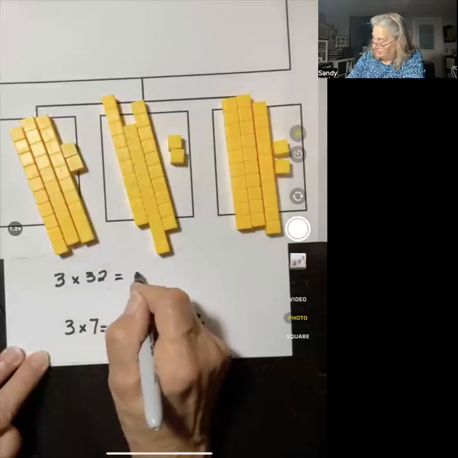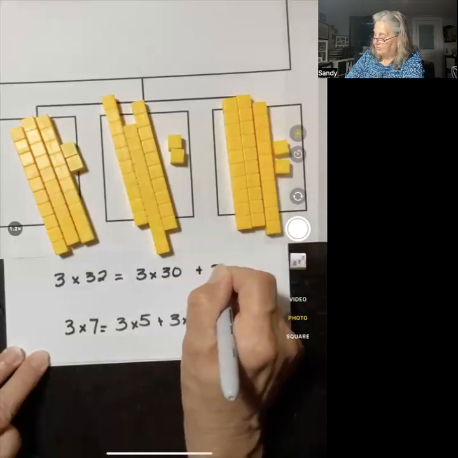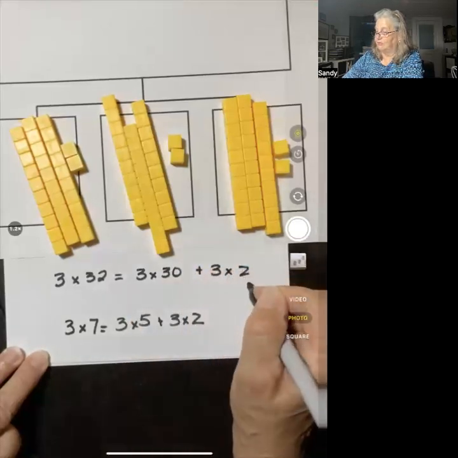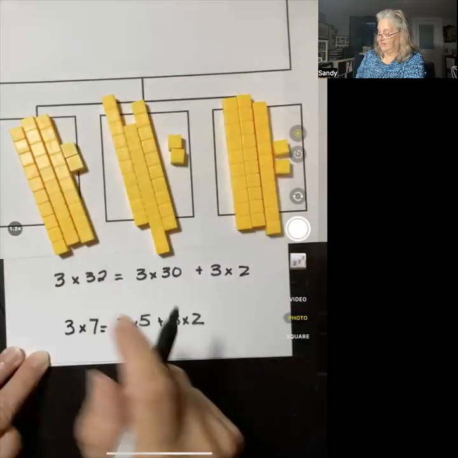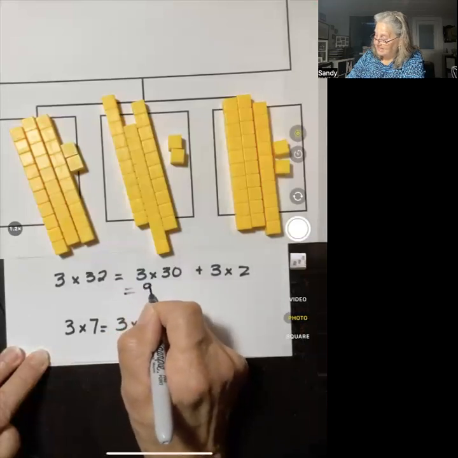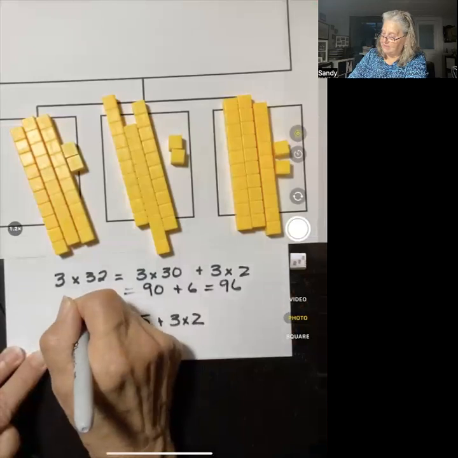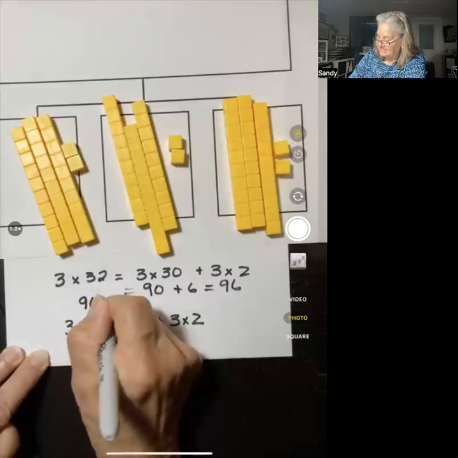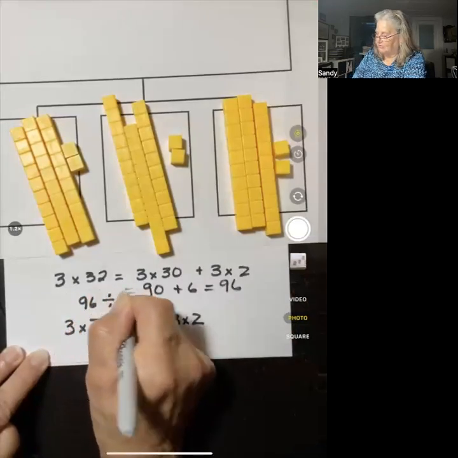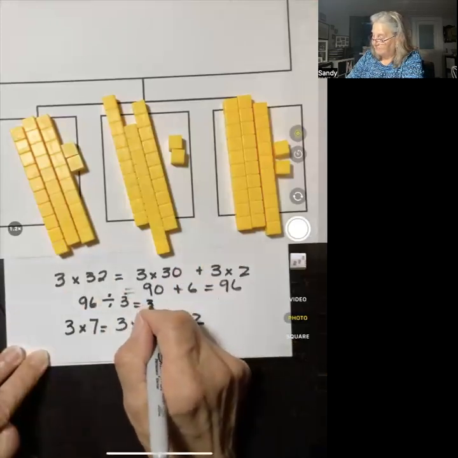What did I end up with? 3 groups of 30 put together with 3 groups of 2 when it was turned the other way. Now I have 96. This ended up being 90 plus 6, or 96. What happens when I take 96 and separate it into 3 equal groups? I end up with 32.